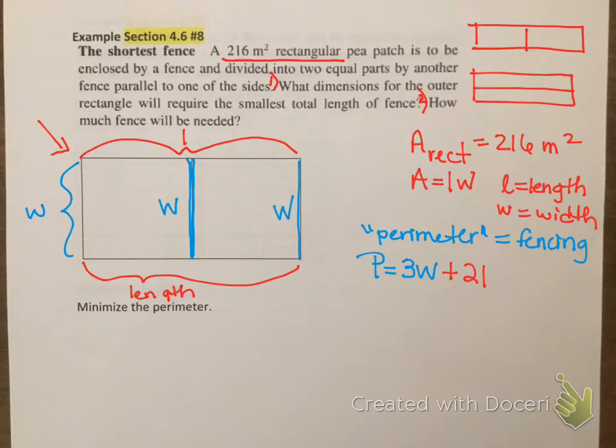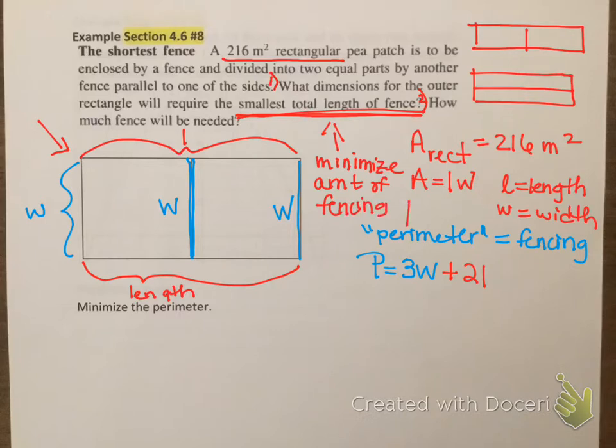So let's read the question. First one says, what dimensions of the outer rectangle will require the smallest total length of fence? So you need to understand when you read this that they are asking you to minimize the amount of fencing, which we are calling our perimeter.